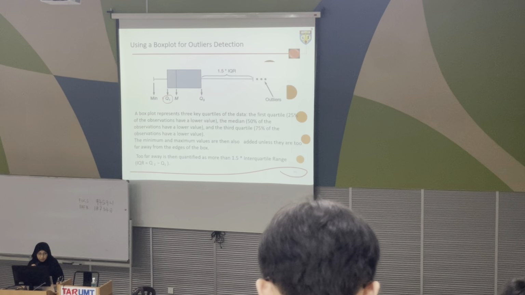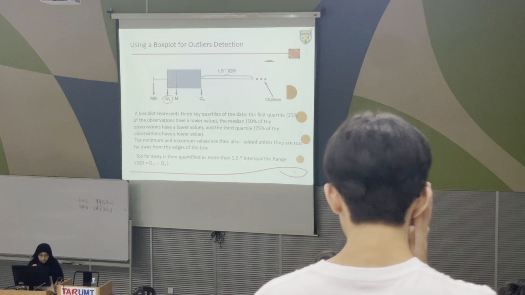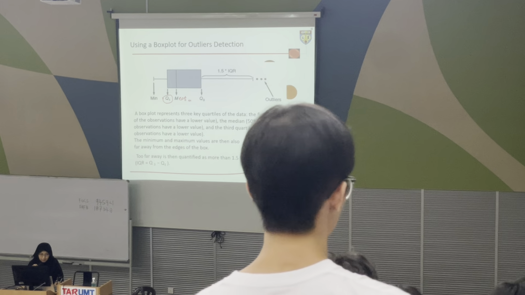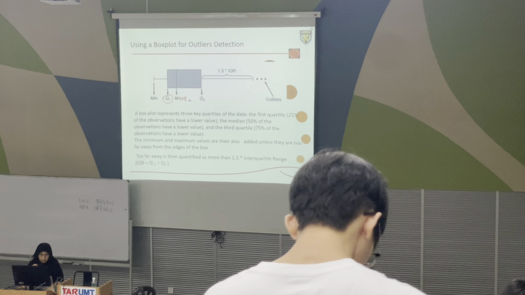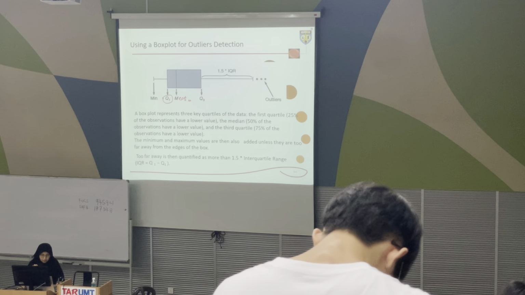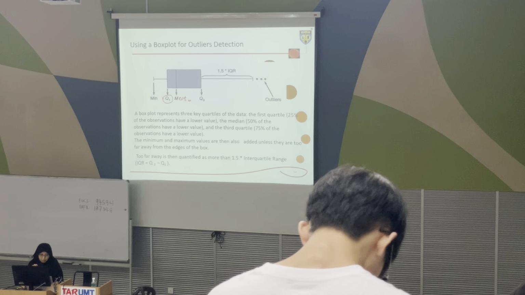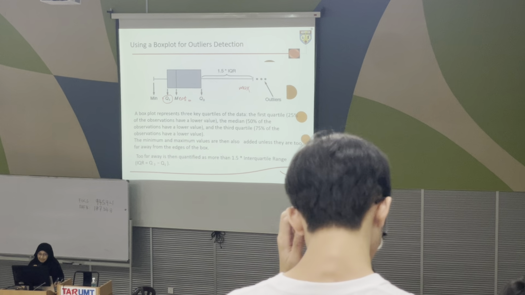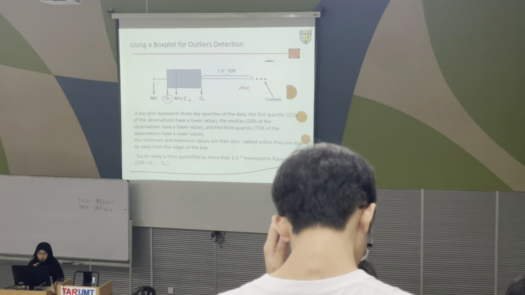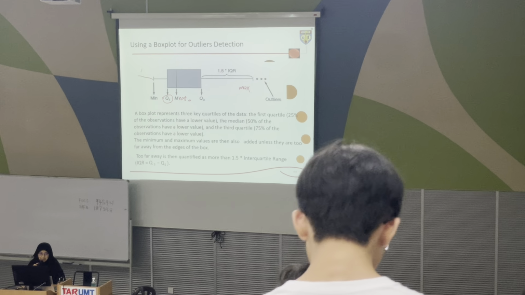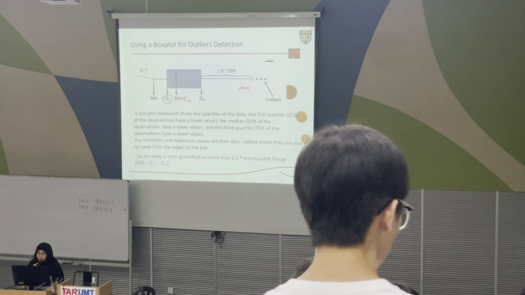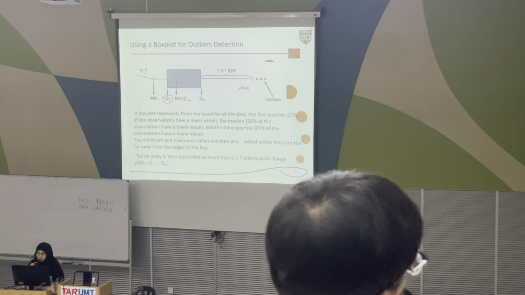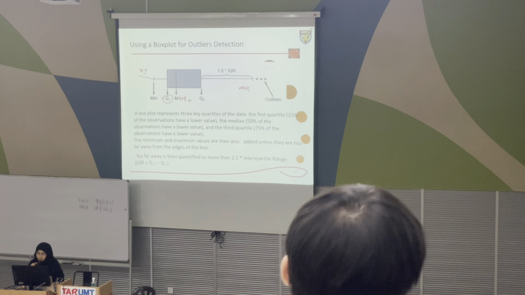Assuming that we measure the data set in percentage, Q1 is 25%, and then we have the median, Q3 quarter 3, and then the minimum and maximum values. Any values outside the maximum or minimum values are considered as outliers.